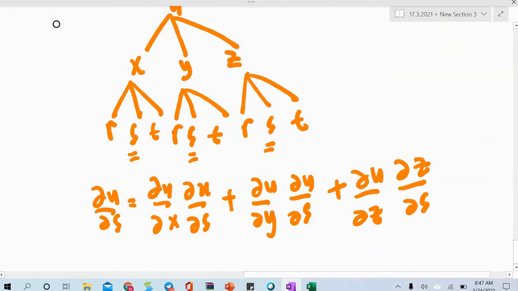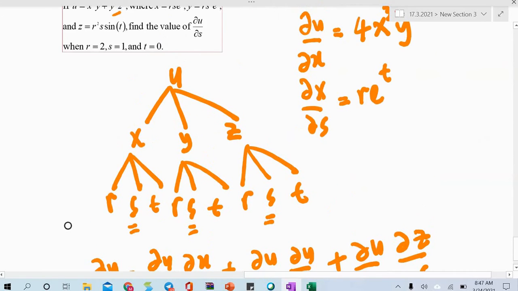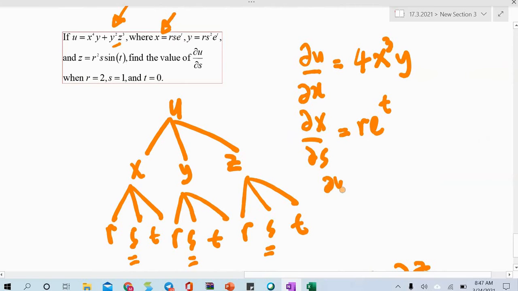Okay, then what else? Del x del s. See here. Del x del s. So r will be constant, e to the 3 will be constant. S will be removed. Then we have del u del y. Del u del y will be x over 4 z to the power of 3 plus 3y.